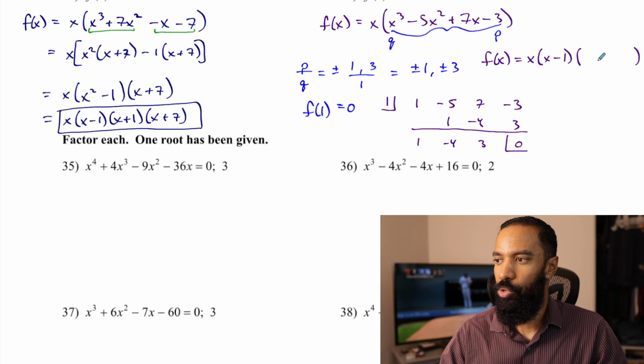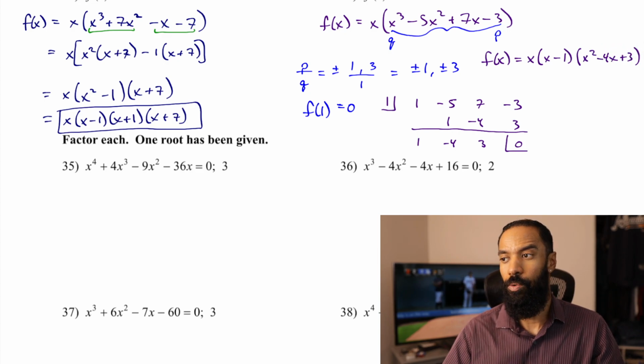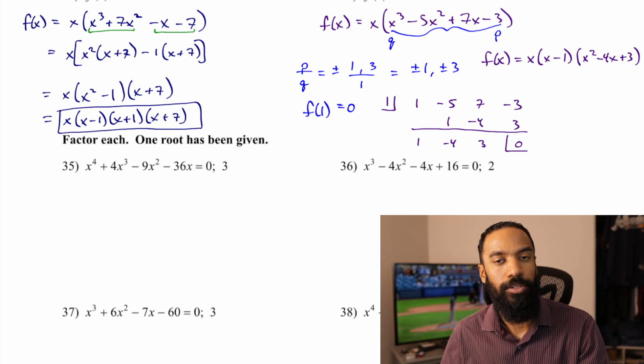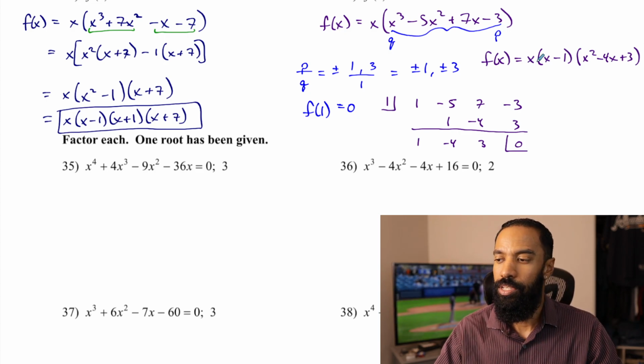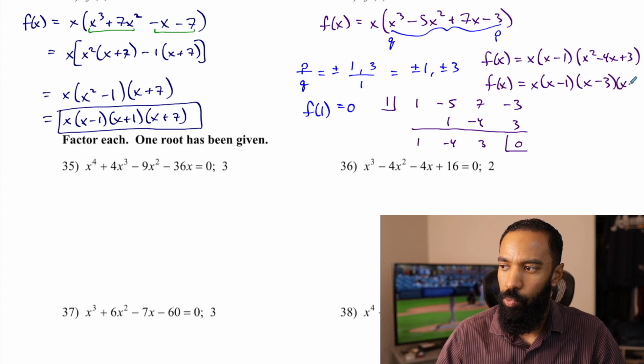So this factors into x squared minus 4x plus 3, which now, seeing it as a quadratic, I can say, okay, that's factorable. Not all of them are, but this one is. This factors down into x minus 3 times x minus 1. Negative 3 times negative 1 is positive 3, and negative 3 plus negative 1 is negative 4.